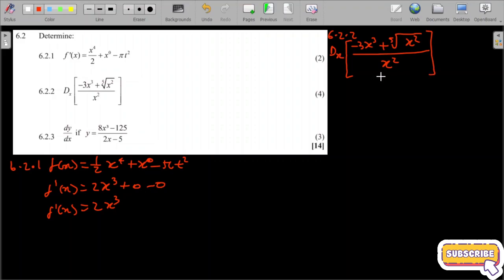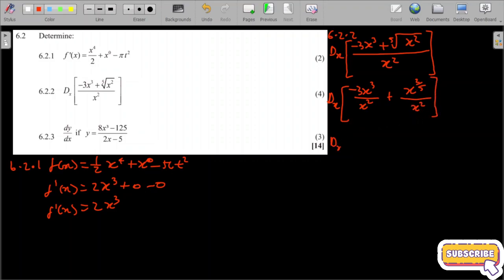First thing that I need to do here, I need to separate this into 2. So it's going to be d over dx of negative 3x cubed all over x squared, and then plus this thing here is just the same as x to the 2 over 5, and then all over x squared.